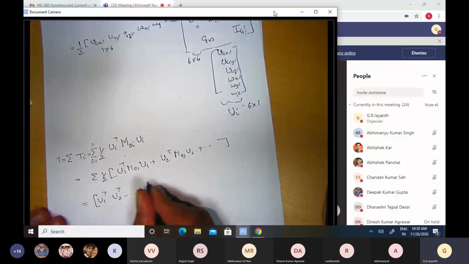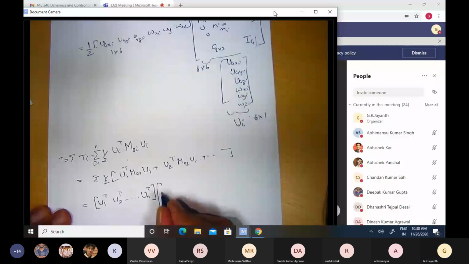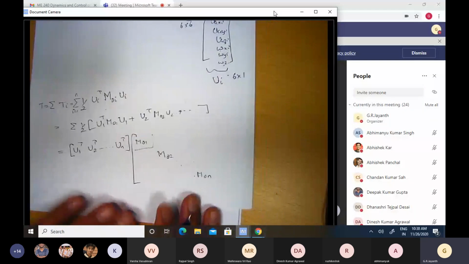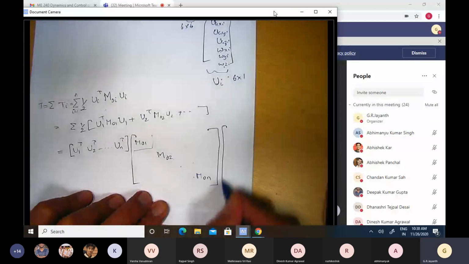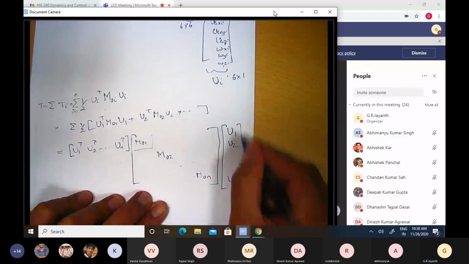up to un transpose, times a matrix M01, which is a 6 by 6 matrix, and then another matrix M02, another 6 by 6 matrix, and 0 all the way up to M0n. Okay, and then I will have a column vector here, which is u1, u2, all the way up to un.